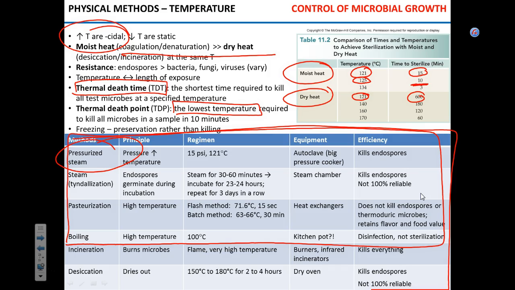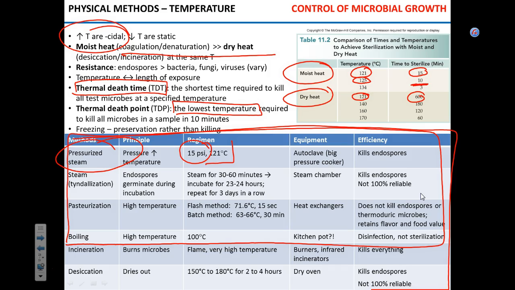Autoclave has increased temperature, increased pressure. Usually it's 15 psi, which is approximately 1.5 atmospheric pressure, and 121 Celsius altogether. It is a sterilizing method of microbial control, no doubt.